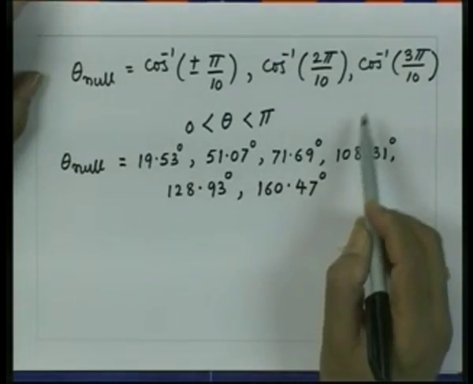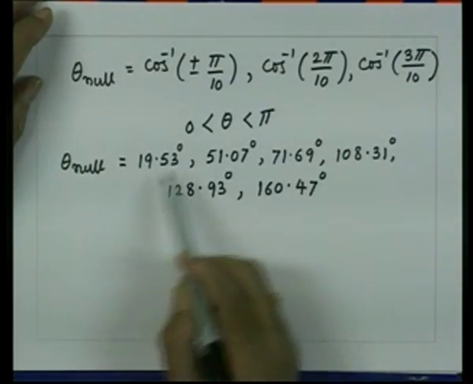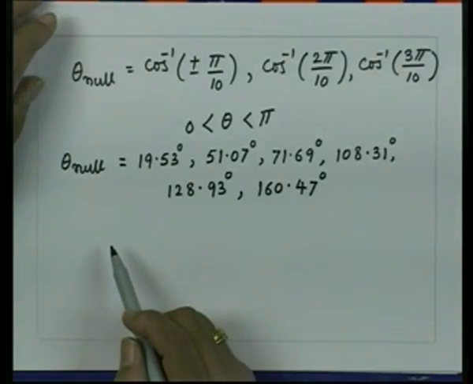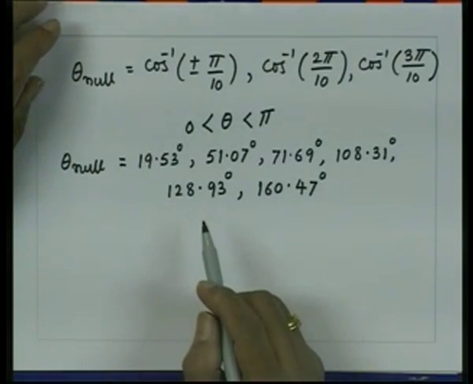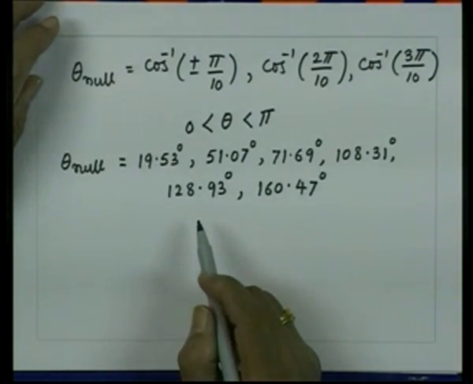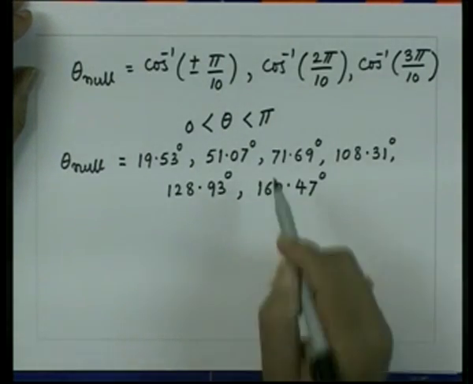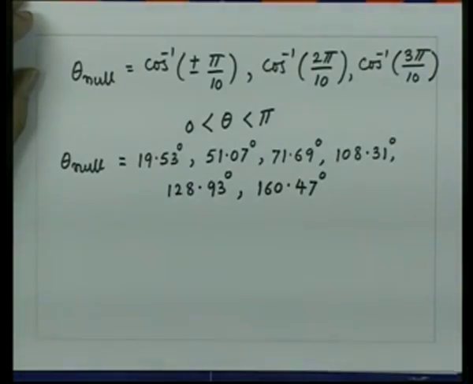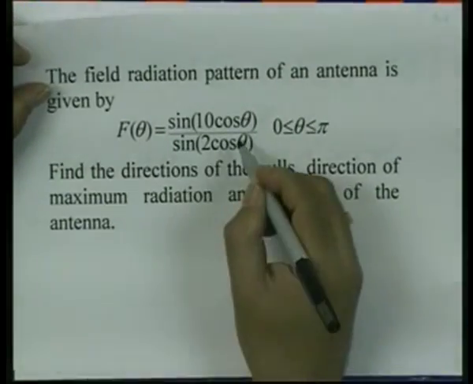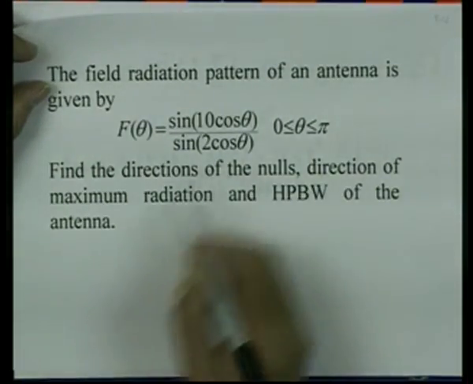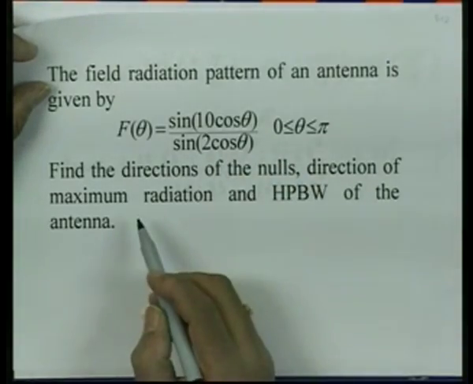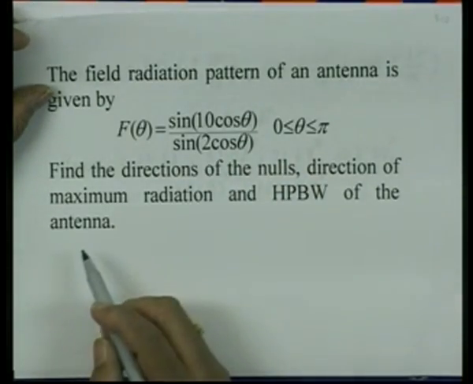The angle corresponding to theta equal to pi by 2, the denominator of f theta also goes to 0, making theta equal to pi by 2 the direction of maximum radiation. So, if I put theta equal to pi by 2, this quantity is 0.